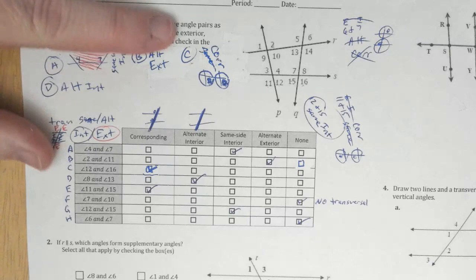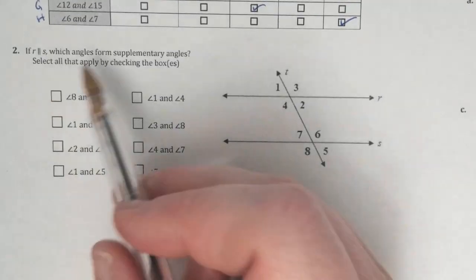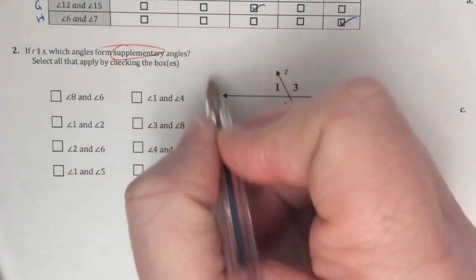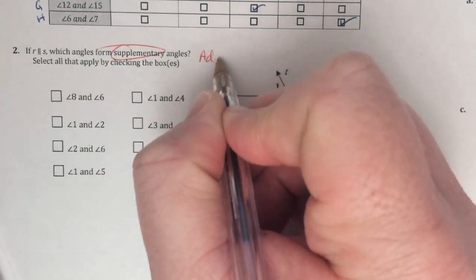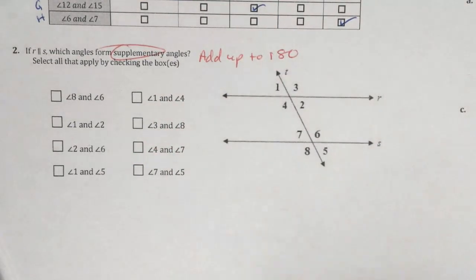All right, number 2. They're asking which one's supplementary. Now let's talk about supplementary. Supplementary means that they add up to 180 degrees. That's the goal. As long as they add up to 180 degrees, it doesn't matter where they are.